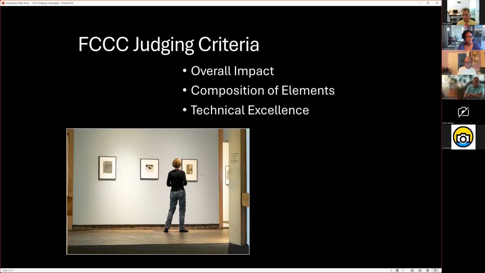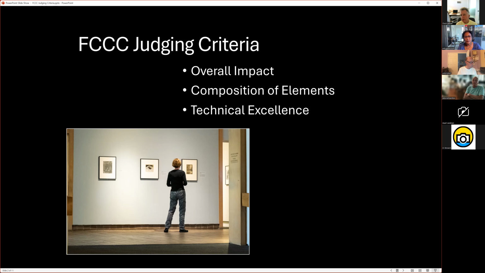The F3C judging criteria is broken down into 3 segments with subheaders. The first segment is called the overall impact. And in that segment, there is a clear main subject that holds the viewer's interest. So you hold up your photo and you're looking at that photo and you want to see what's pulling you into that photo, and you do it over and over again.